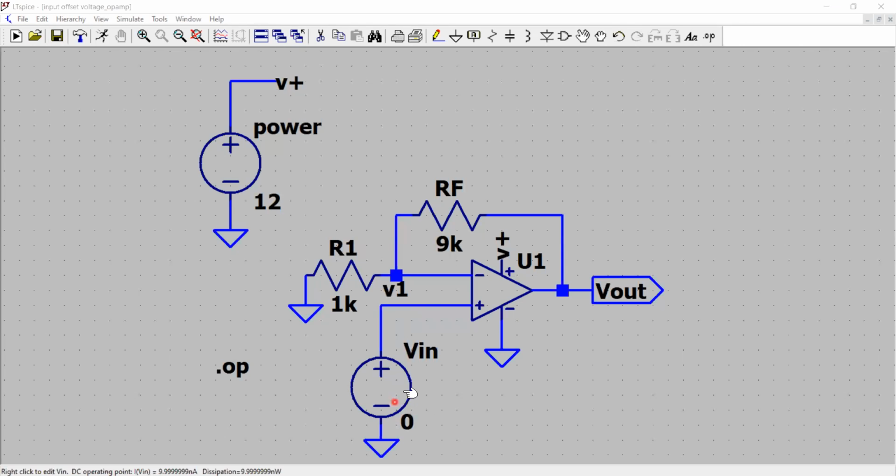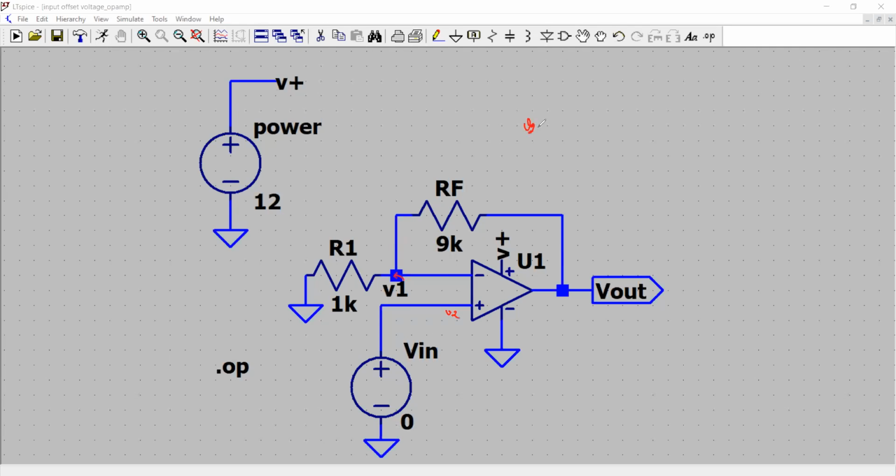It is pretty simple. When there is no input, let's do a very good analysis here. Here the node voltage is V2. This is your node voltage V1, right?